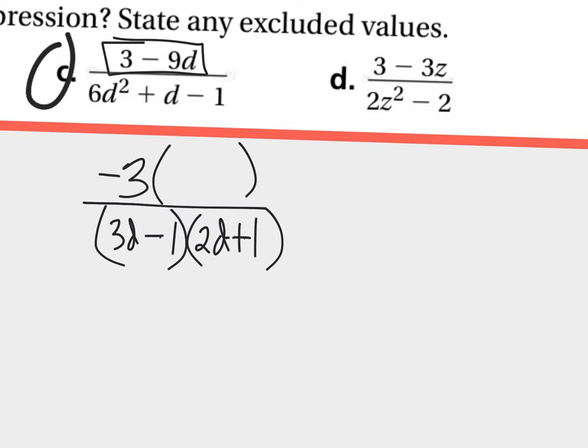You factor out a negative 3, and then negative 3 times what to get 3 would be negative 1. Negative 3 times what to get negative 9d would be 3d. Rearranging, that's the same as 3d minus 1.